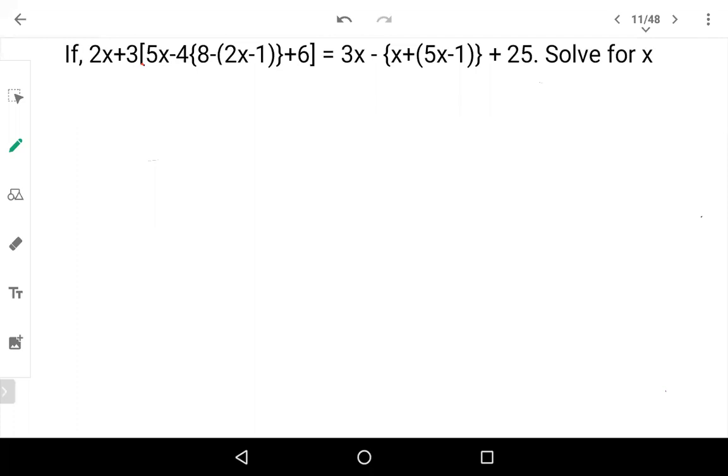Okay. So if you see this problem, you can observe there are too many brackets which are given to us. Now, while solving the equations which has so many brackets, first we are supposed to remove all the brackets and simplify it to a normal equation.